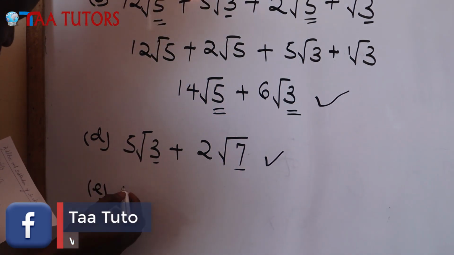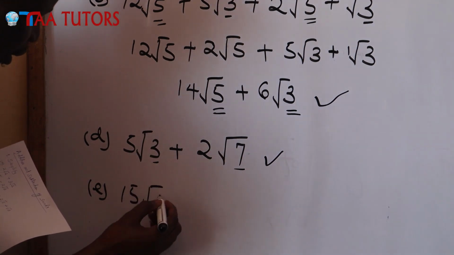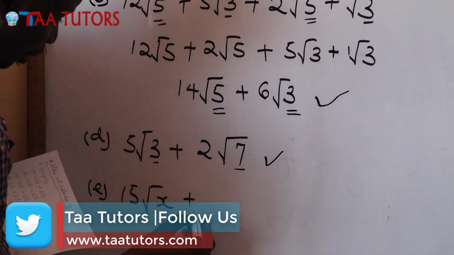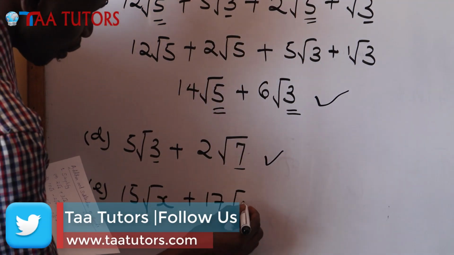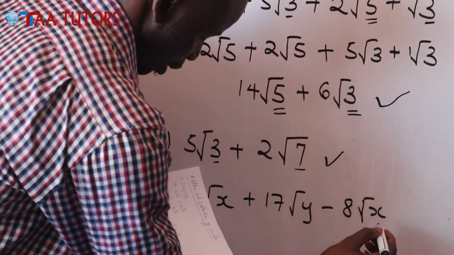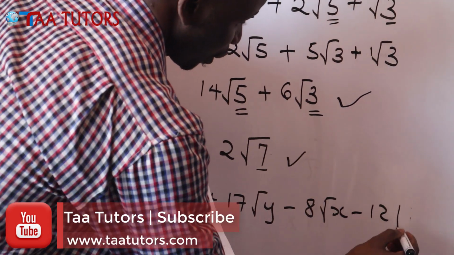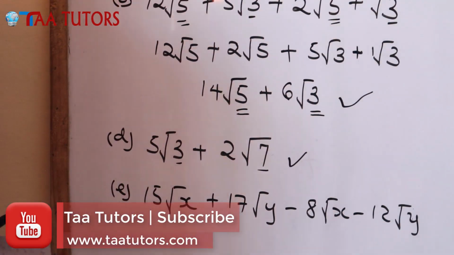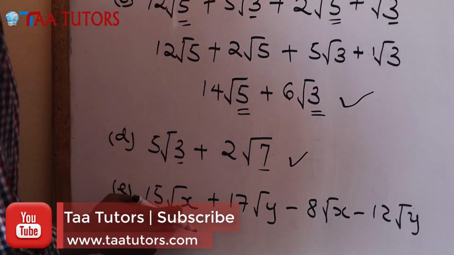E is 15 surd x plus 17 surd y minus 8 surd x minus 12 surd y. So let's collect like terms, surd x and surd x.